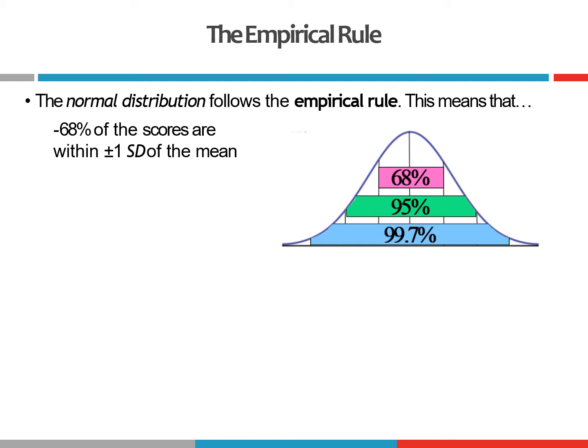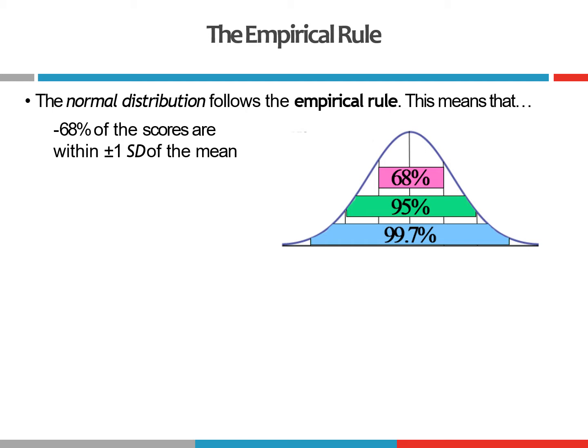So for example, 68% of your scores are going to fall within one standard deviation of the mean, right? And the standard deviation is just the average deviation or the average distance from the mean of all of the scores in your distribution.